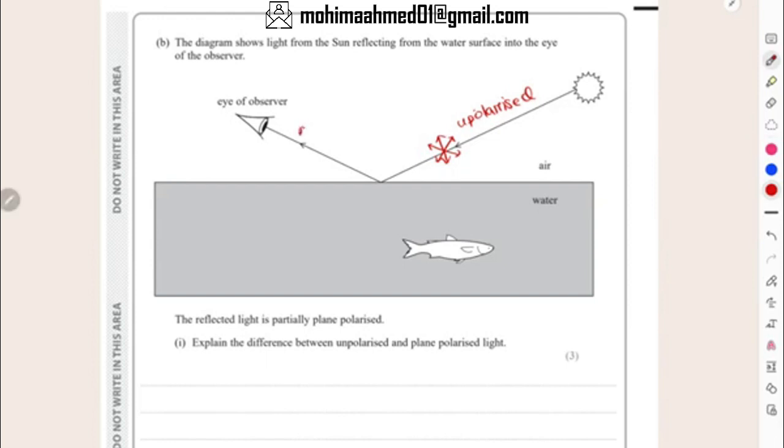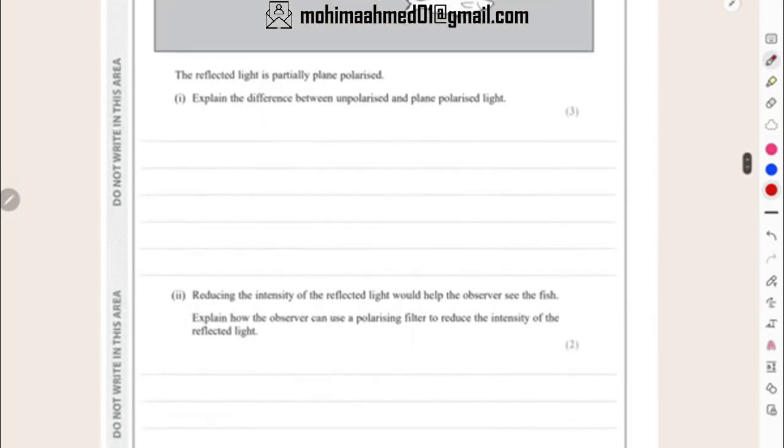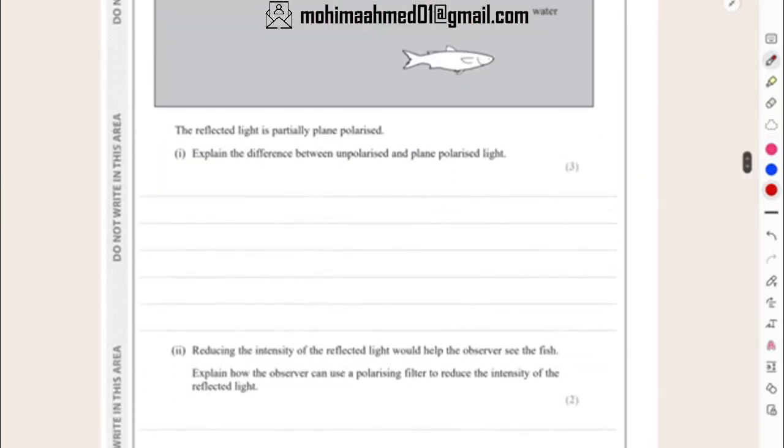But this is your plane polarized light. Now for plane polarized light, it always vibrates in one direction that is also perpendicular to the direction of wave travel. So this is the difference between unpolarized and plane polarized. Now you have to express that in words for your answer in part B1.